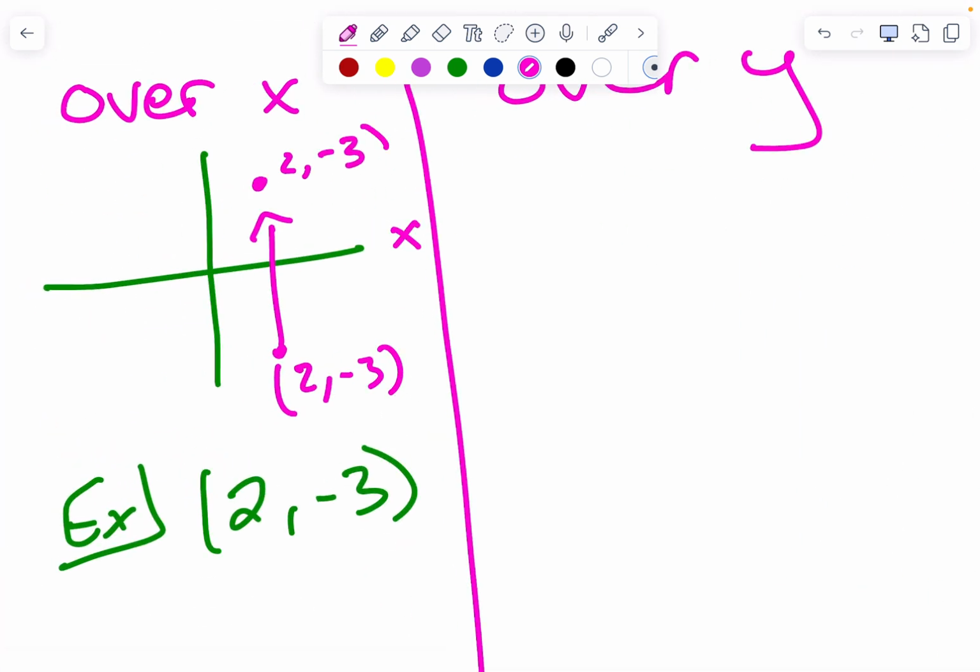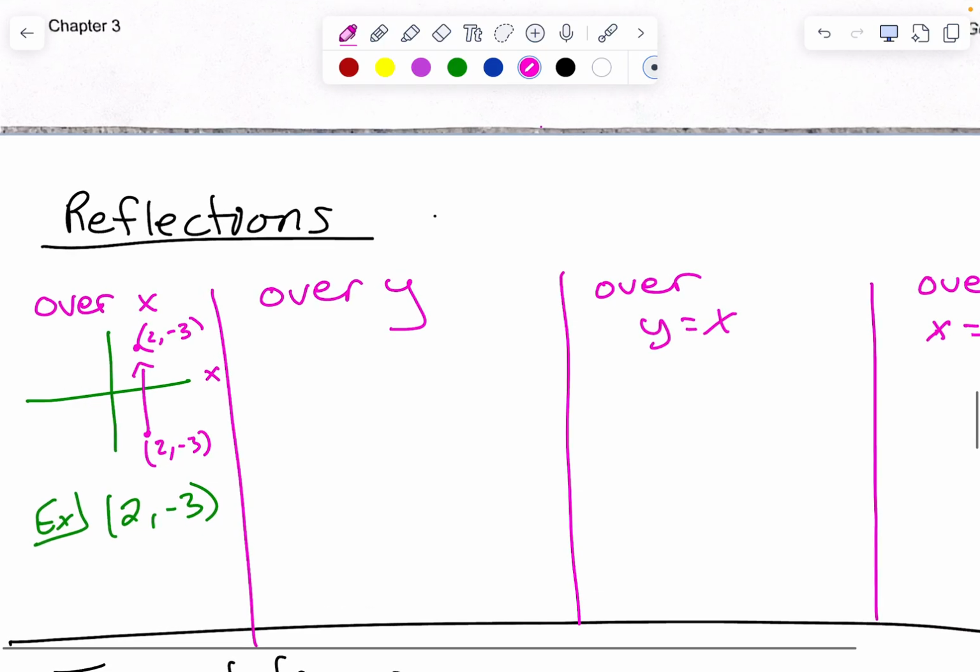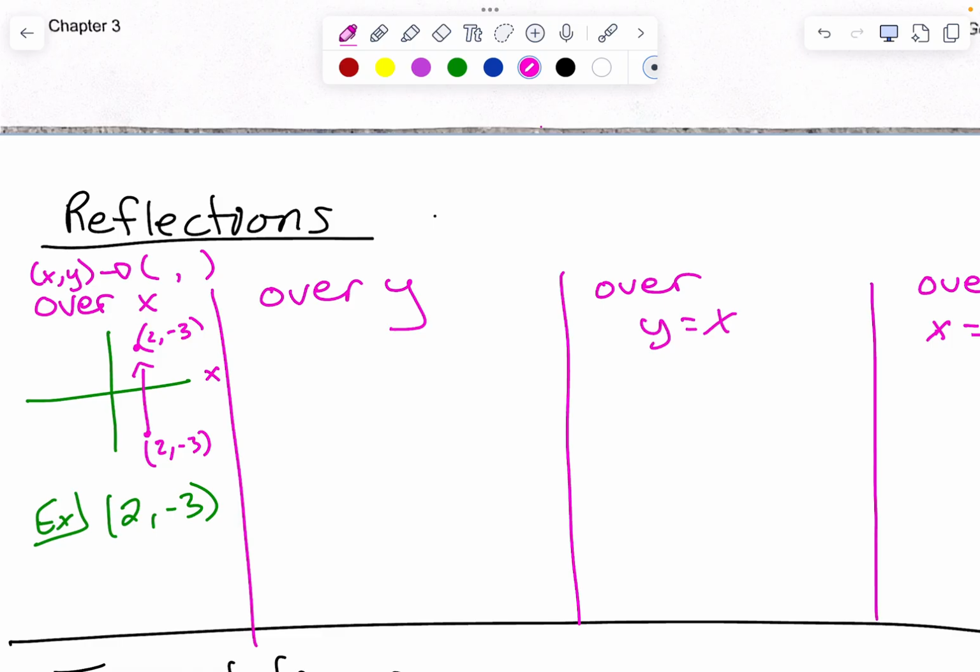So what's the rule for when we reflect over the x-axis? I think we did a Kahoot about this. The x stays the same, and the y becomes negative y. When you're reflecting over the x-axis, the y-coordinate changes sign. So (2, -3) became (2, 3).